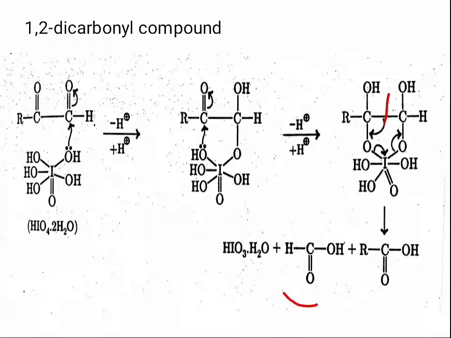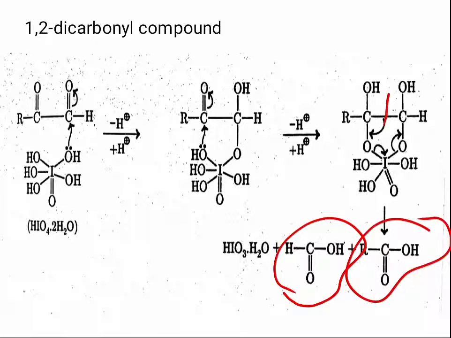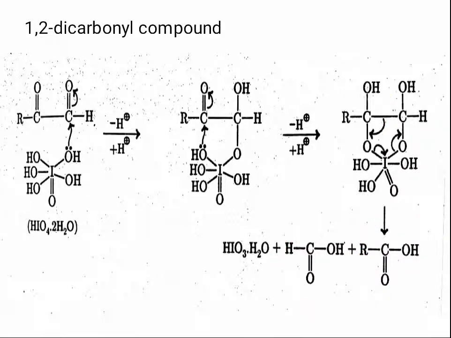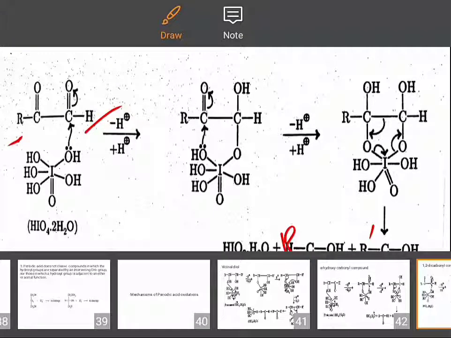So at last you will get a carboxylic acid and another molecule of carboxylic acid. Two carboxylic acids, but they are not the same. If this one is R and this one is R dash, then you will get one R here and another one as R dash.